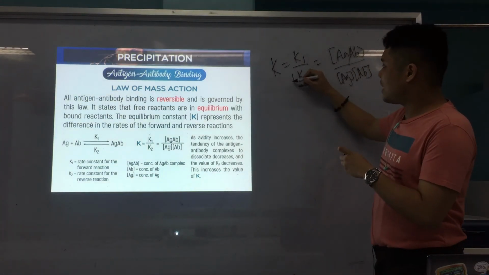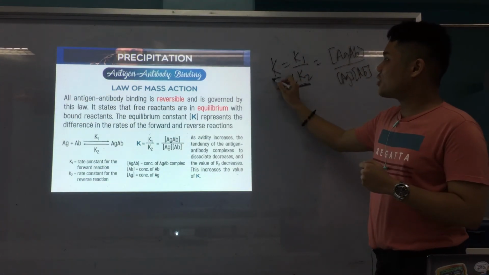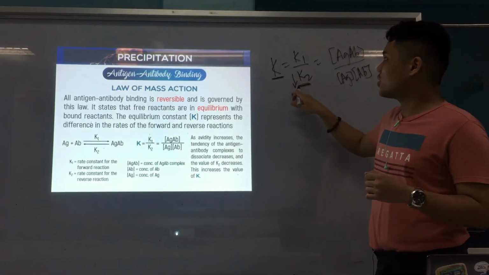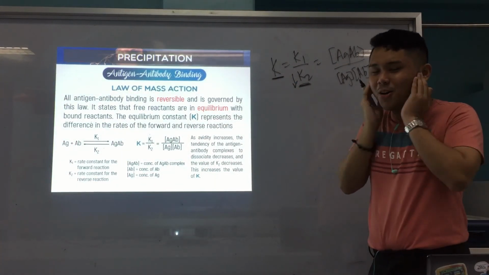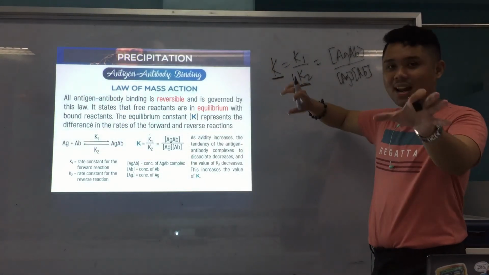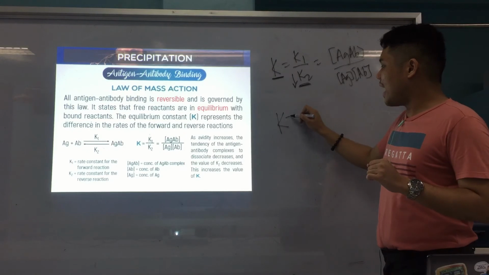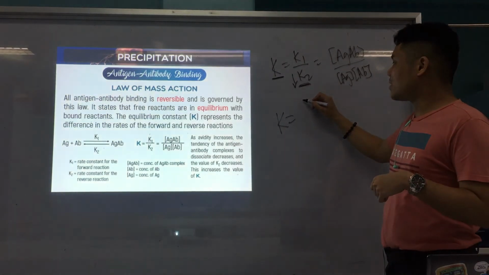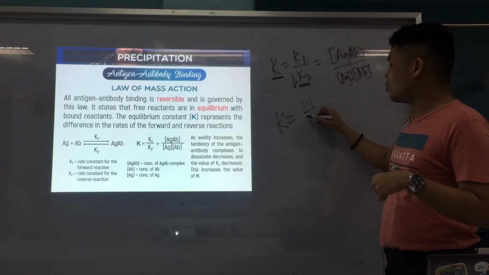So, this decreases. Okay? So, what happens to K? It increases, because, again, this is inversely proportional. If this becomes smaller, K becomes bigger. Let's say your K is normal, the original. K1 is 0.1 and K2 is 0.1.